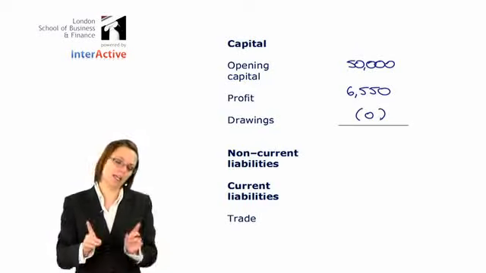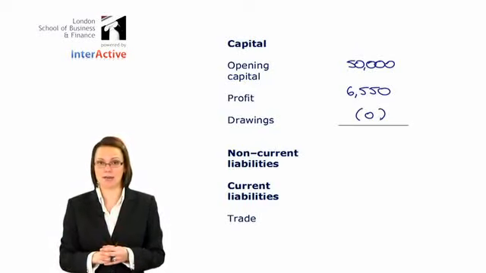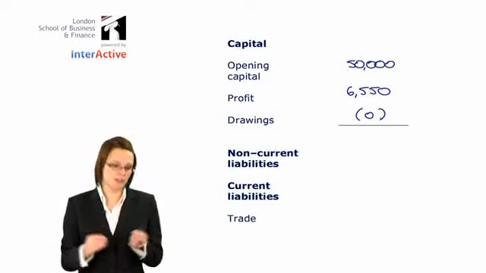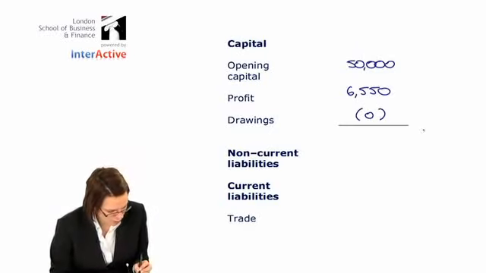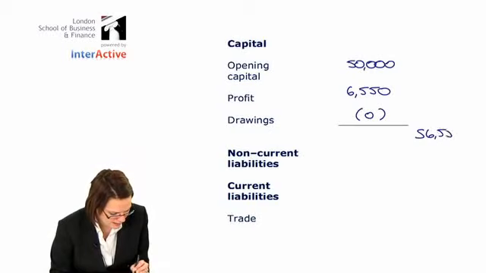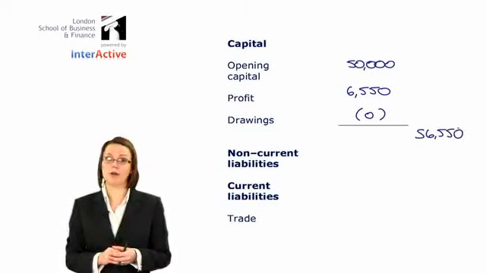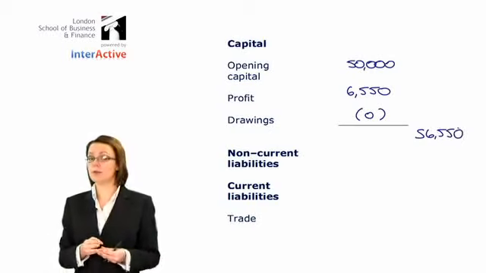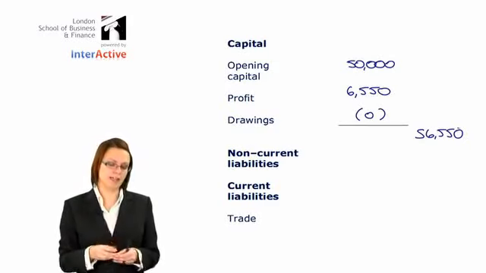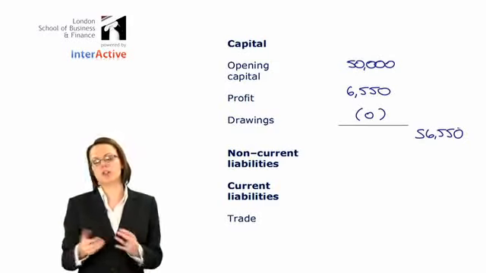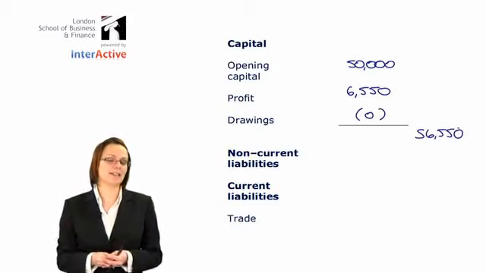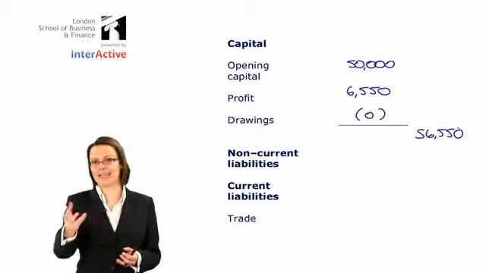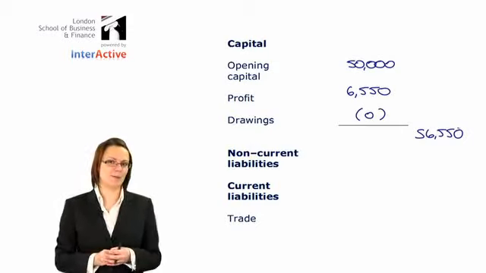But if he did, it would be a reduction in his capital. So, total capital then in our total column, 56,550. Capital plus profit minus drawings is going to give you the total owner's capital at the year end, or in this case, at the 2 weeks ended.